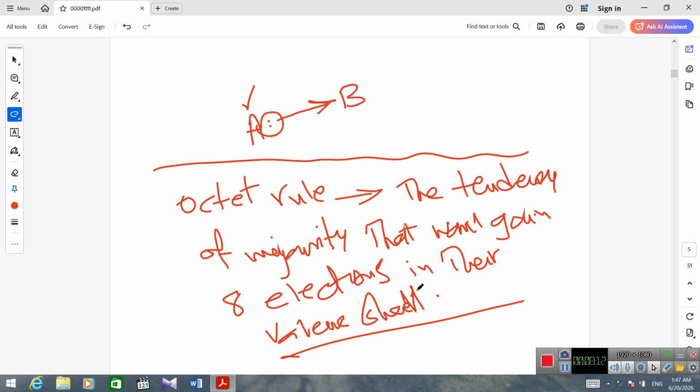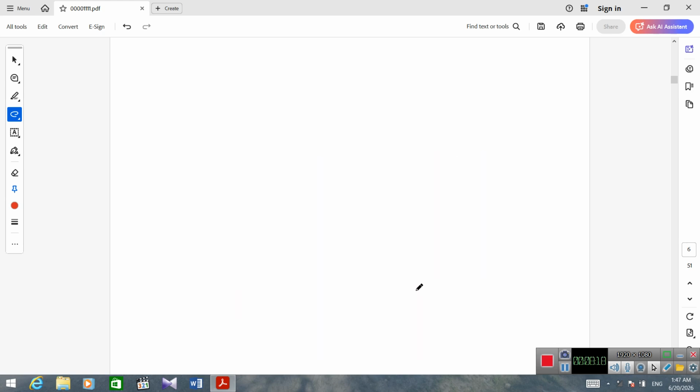And finally I want to explain how we can draw the Lewis structure of atoms.